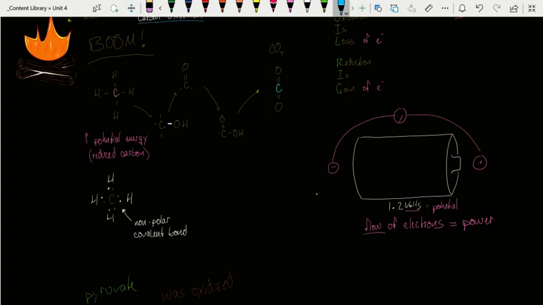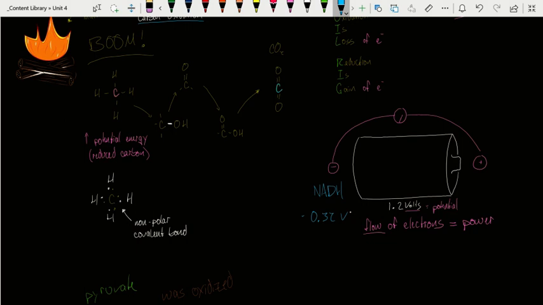NADH therefore represents the negative terminal on this battery. In fact, mathematically, we can do some calculations and we can see that it actually has a reduction potential, which describes its desire for electrons, of negative 0.32 volts.